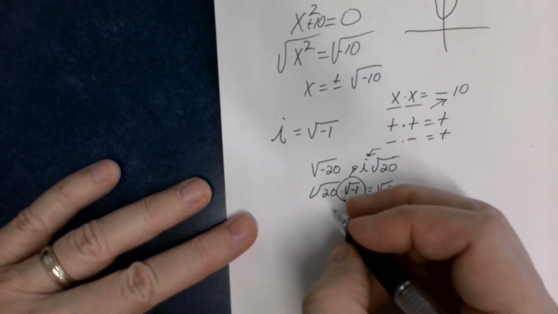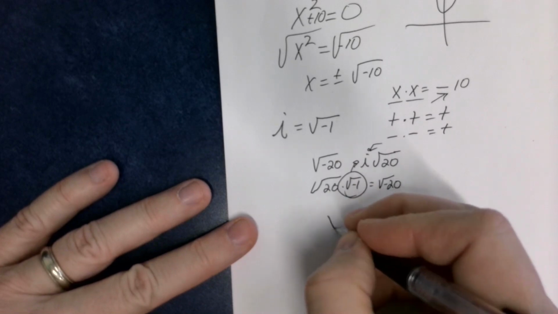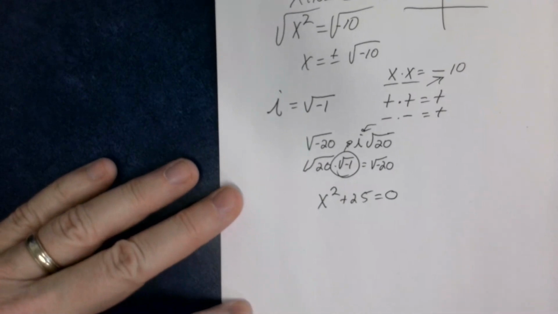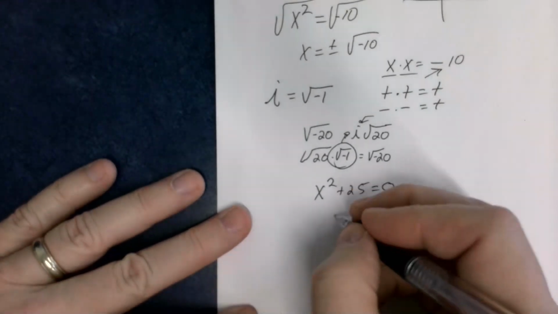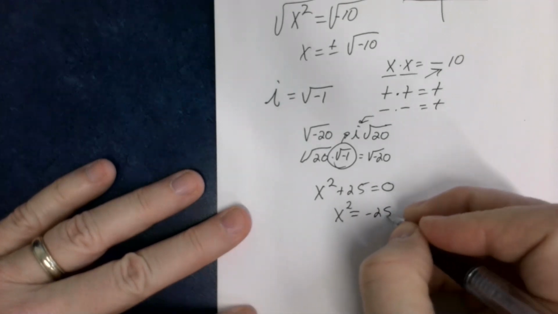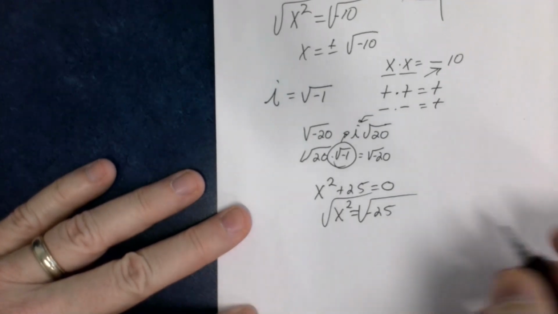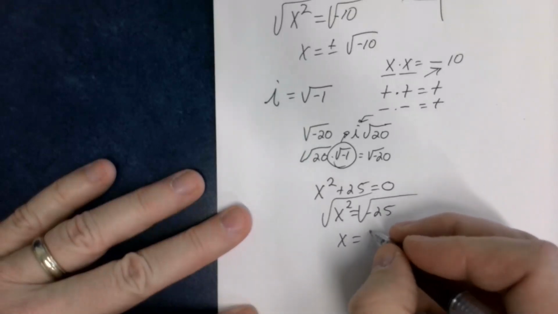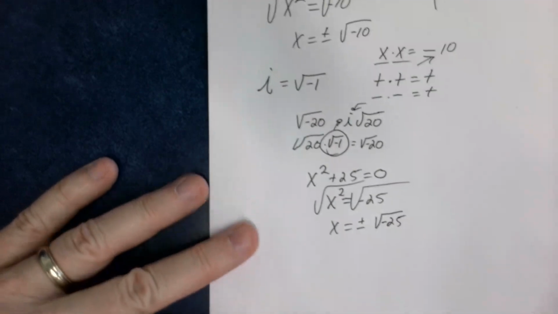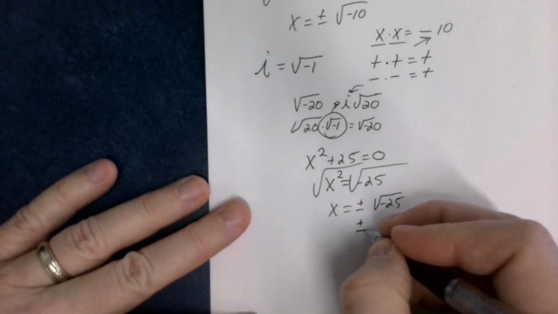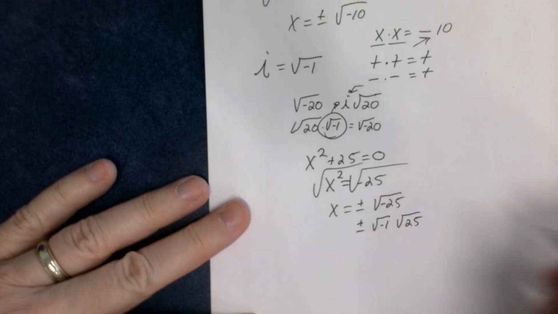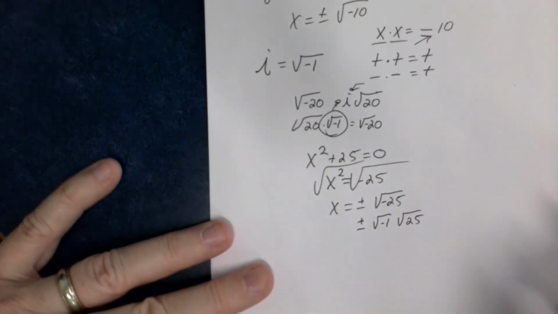So that would mean if I have something like this, x squared plus 25 equals 0, that I might be able to find some answers to this. So I can get x squared equals negative 25, and square rooted, x equals plus or minus the square root of negative 25, which is, of course, plus or minus the square root of negative 1 times the square root of 25, because I can separate the radicals like that.